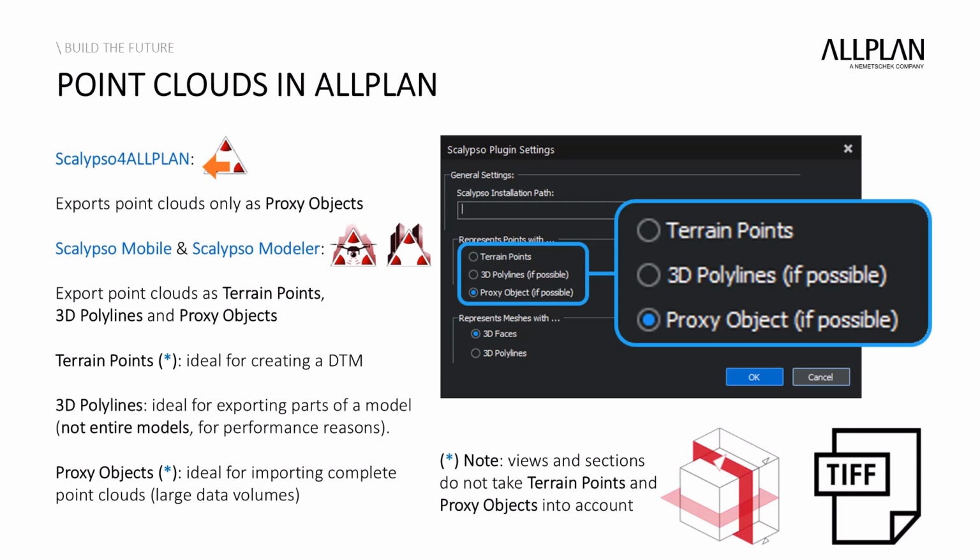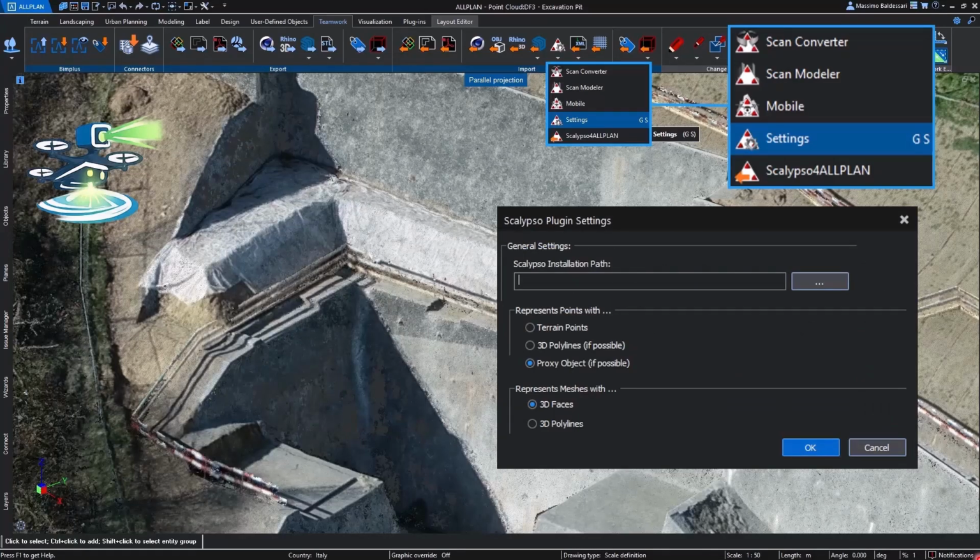Before we proceed, it is important to consider the specific settings for this data. Where do I go to define how I want to directly import my points inside Allplan? Before starting the transfer process, when I am using either Calypso Mobile or Scan Modeler, I will definitely need to go into the Settings menu, which I can quickly access with the GS key combination, and specifically define whether I want to import terrain points, 3D polylines, or proxy objects.